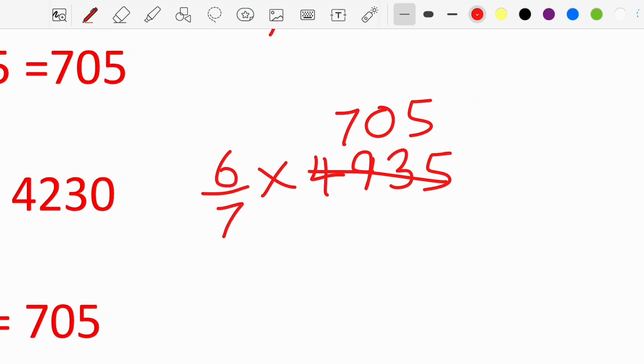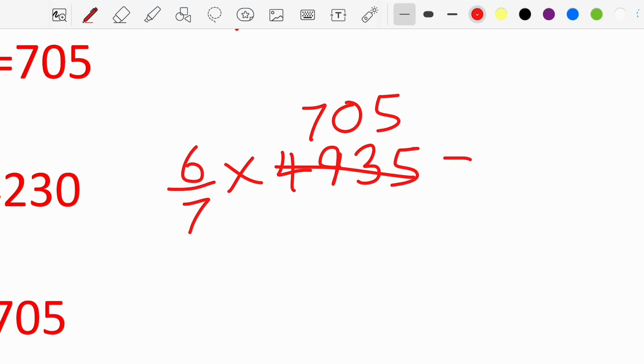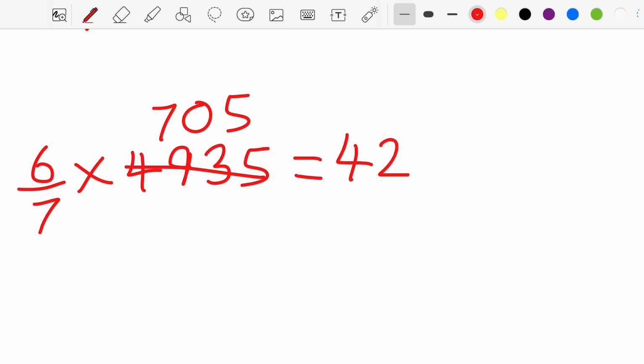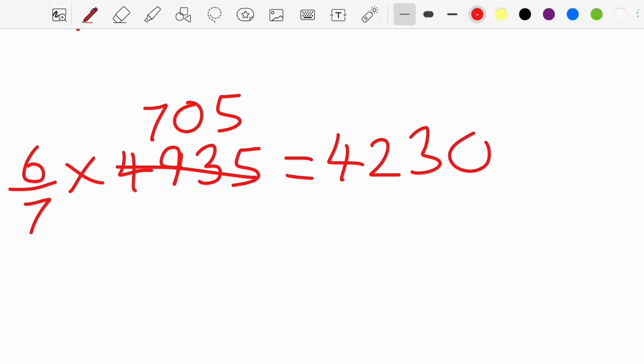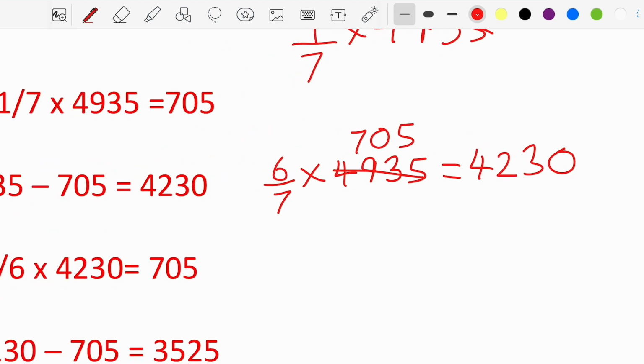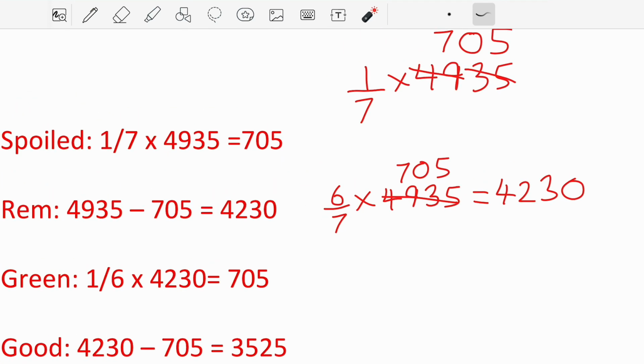Now if we multiply 6 times 705, we will get 4,230, which will be the same answer. So we can subtract first and then multiply, or we can multiply first and then subtract.